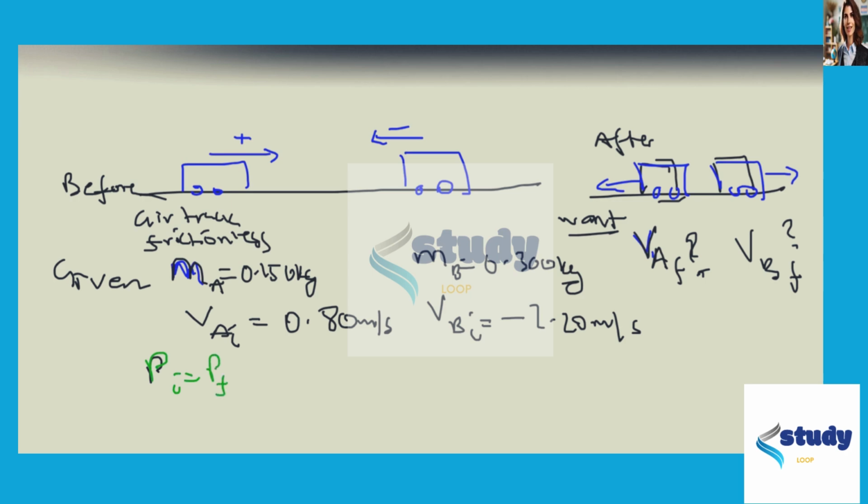And that just means that MA times initial velocity of A plus MB times initial velocity of B equals MA times final velocity of A plus MB times final velocity of B. We can always plug in the relevant numbers that were given. And so, we're going to do that on the next page.